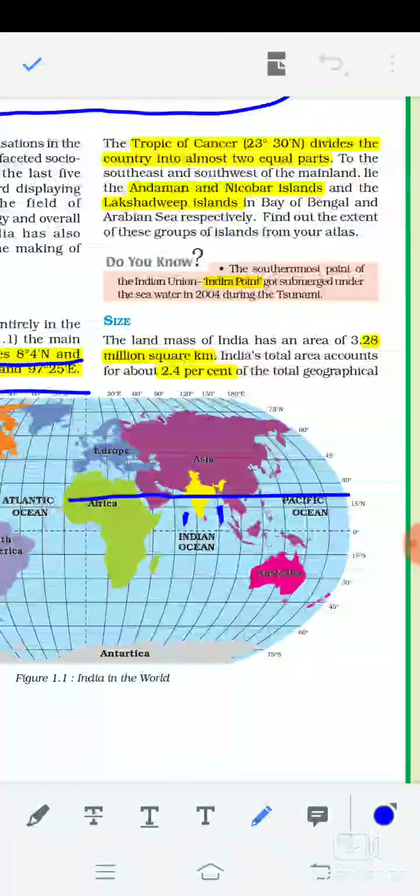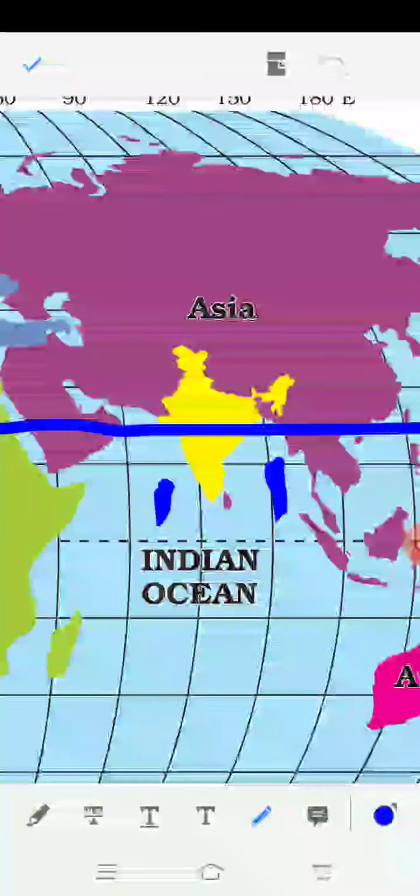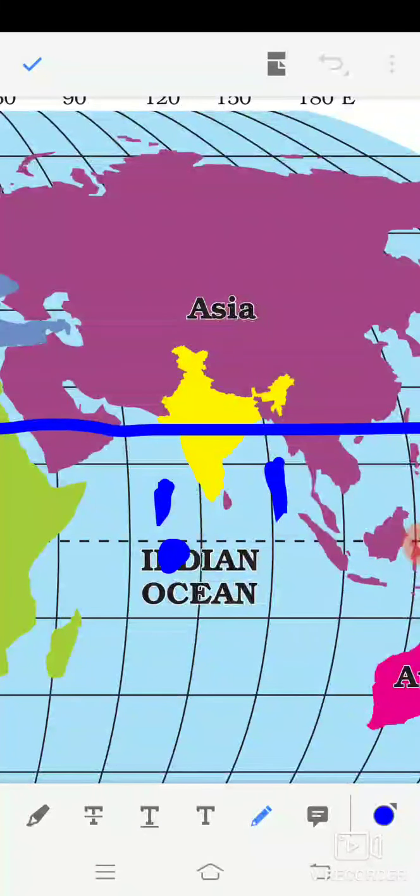See, two things are there. Here the Maldives is a little bit downside. Upside it is Lakshadweep. Lakshadweep is part of India, but the Maldives is a separate country, downside. Clear?